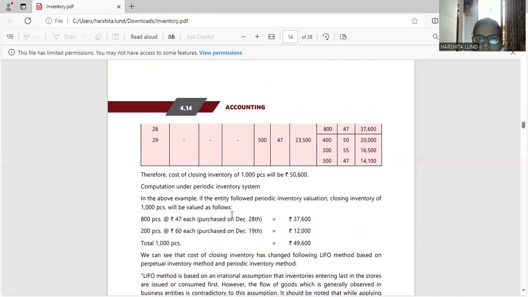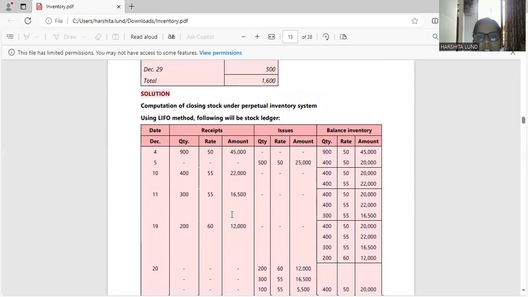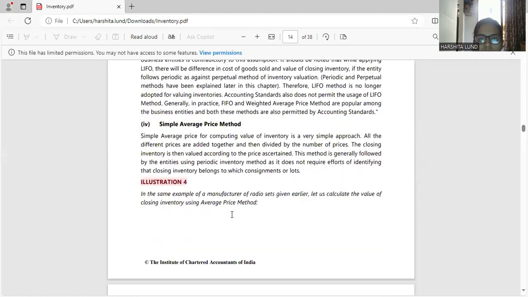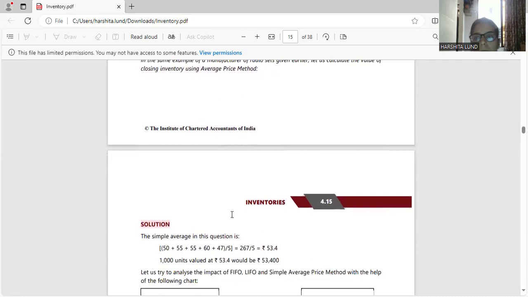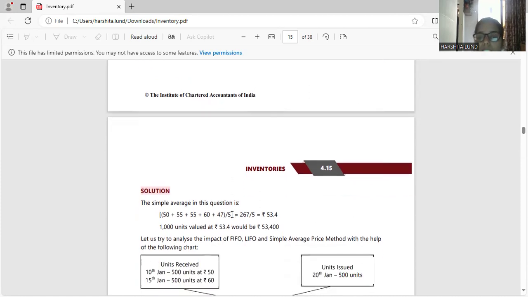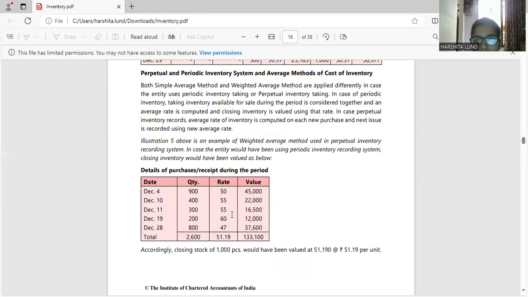In the simple average method, only the price is considered and divided by the number of items. But in the weighted average method, the entire cost of goods is considered and not only the price. So this is the difference between the simple average and the weighted average method.